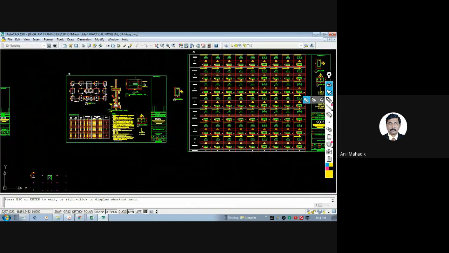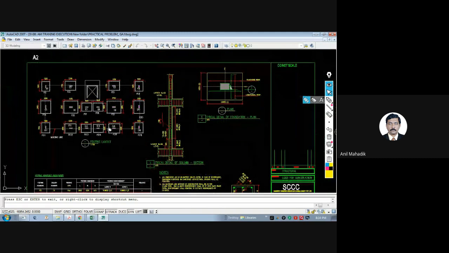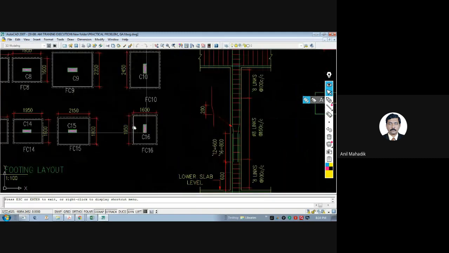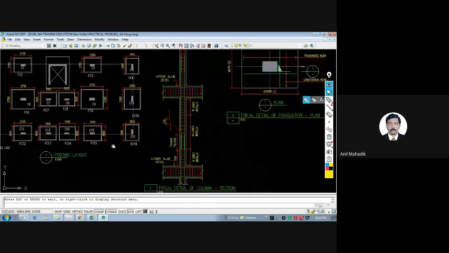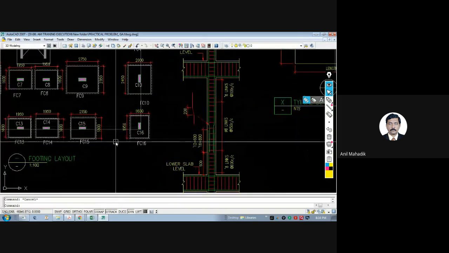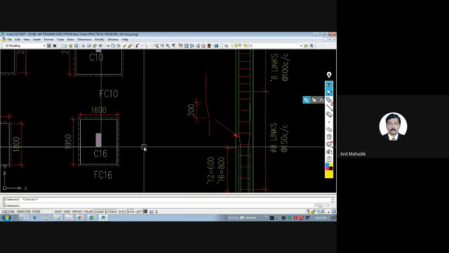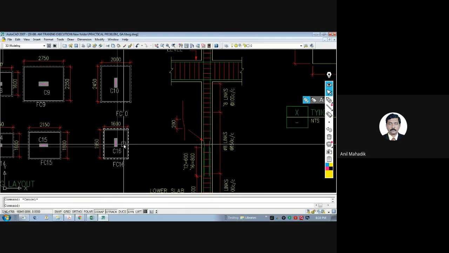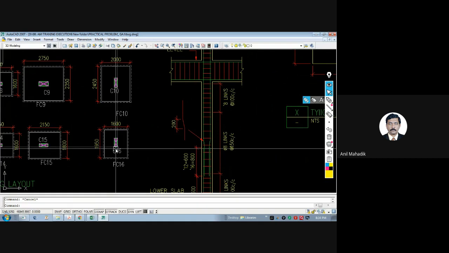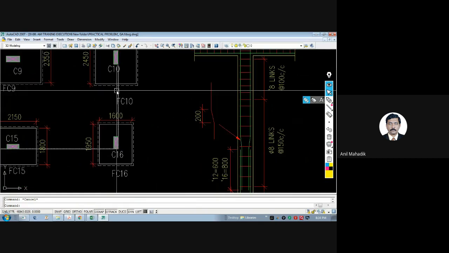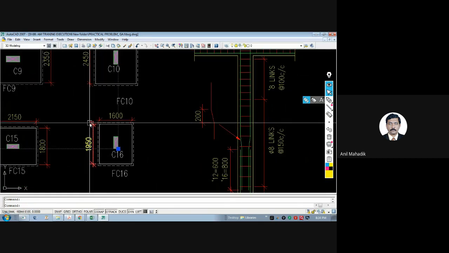But there is a possibility that there are certain pending issues on the drawing. For example, let's say this is your plot layout or building outline, and decisions are pending regarding the location of this column, because this building line is not clear from the architect's point of view.